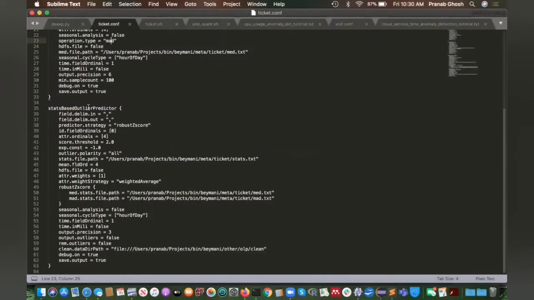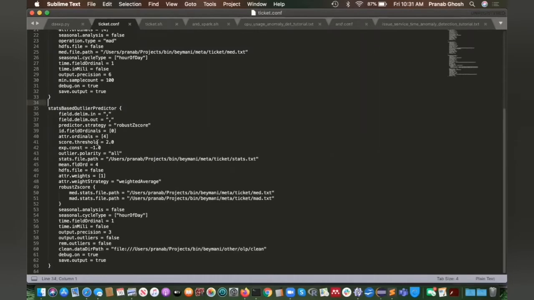For doing the prediction, we are going to run this predictor job. The output has the service center ID, similarity, and then the score, the robust Z-score.